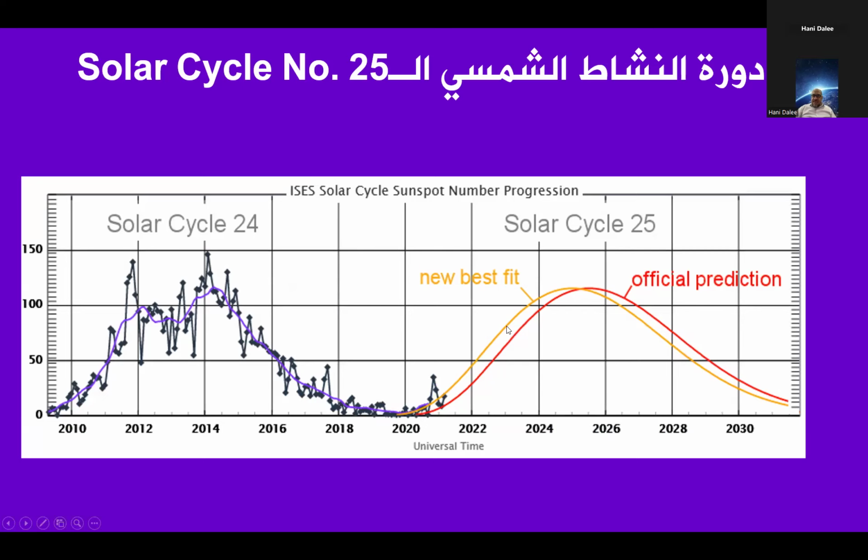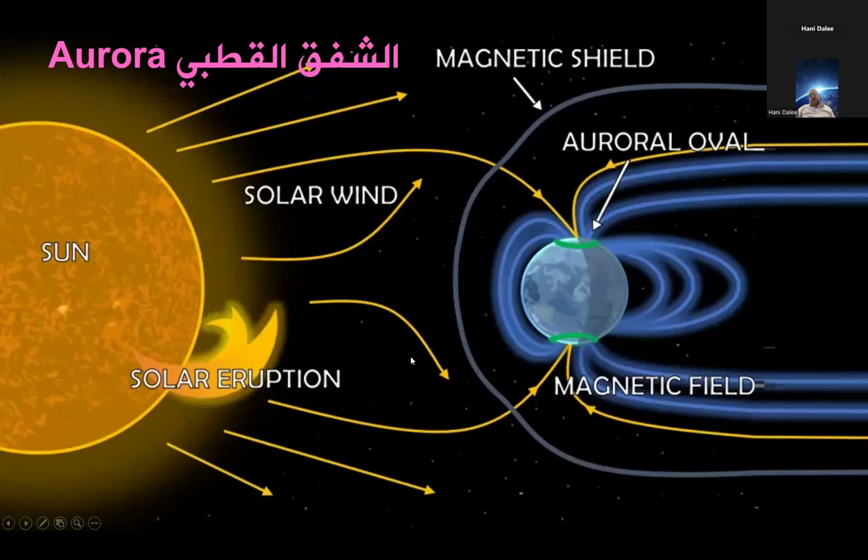So this is the fit of the expected results for cycle 25, and the peak will be in July 2025. They are expecting that cycle 25 will resemble cycle 24.